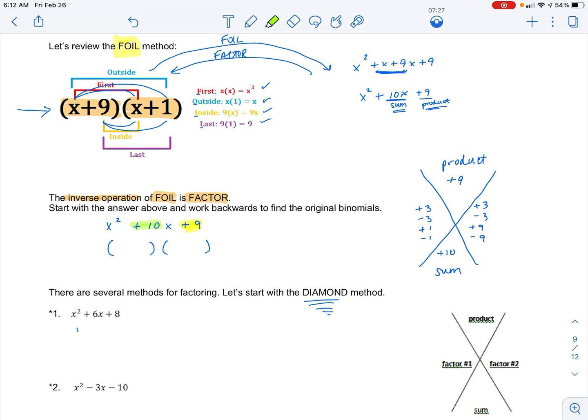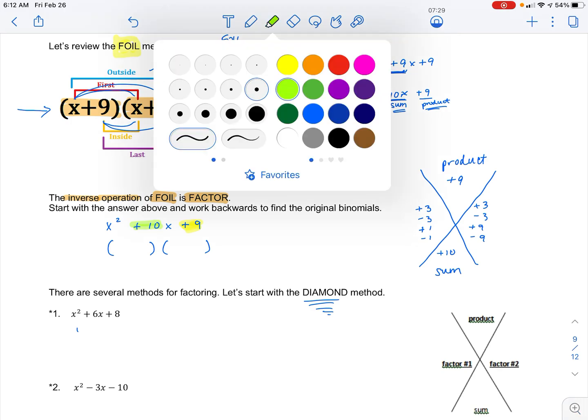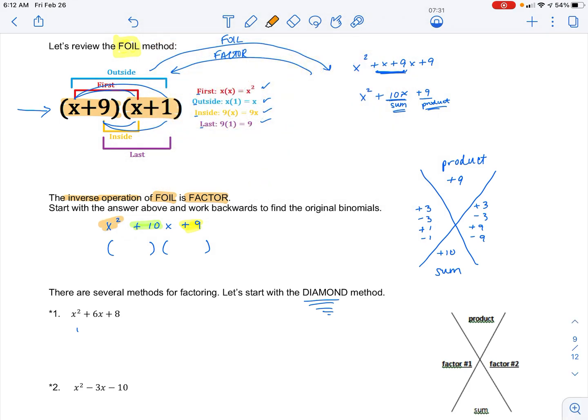Well, we always now first start with, we put this one in orange, so we always start with this x squared. How could I go back to x squared? Well, I would have to multiply x times x. When I multiply x times x, it brings me back to x squared. Okay, so remember, I'm just working backwards now from the trinomial.